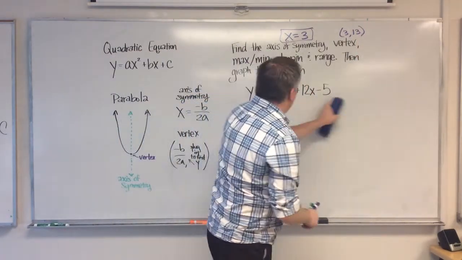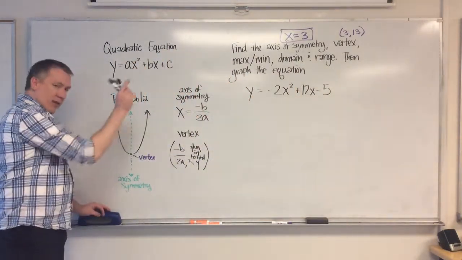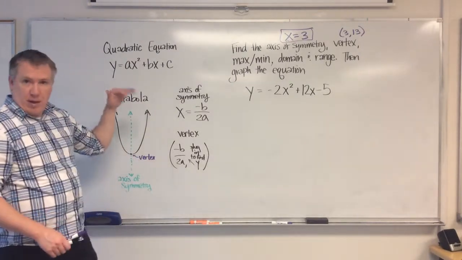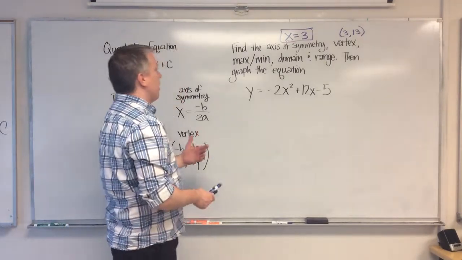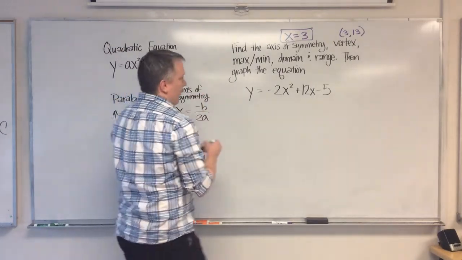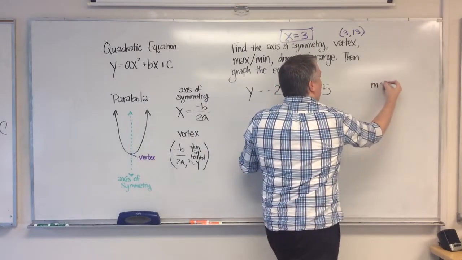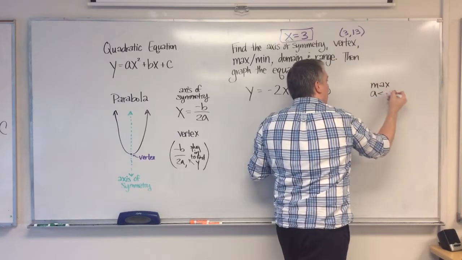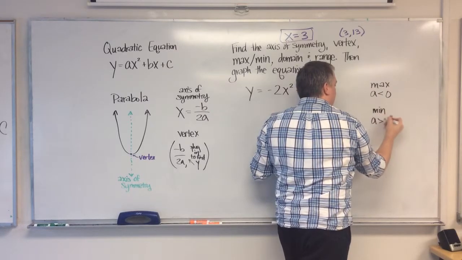Now, the next question: max or min? It's asking two things. Is it a maximum or minimum? Does it have a bottom or a top? And what is that value? The first thing we identify is whether you have a maximum or minimum. A maximum happens when a is less than 0, and a minimum happens when a is greater than 0.